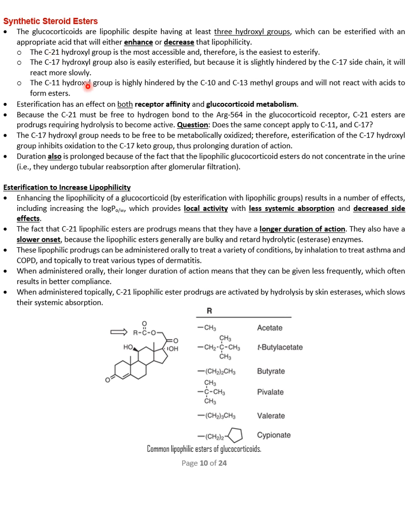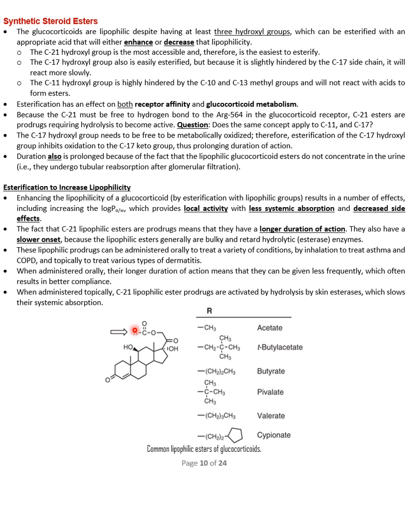Okay, and we're going to perform a synthetic reaction to add an ester group to one of these OHs. So we have here C11, 17, and this here is the OH at C21.